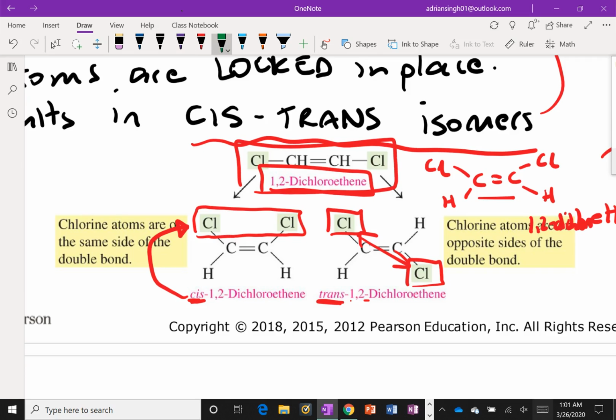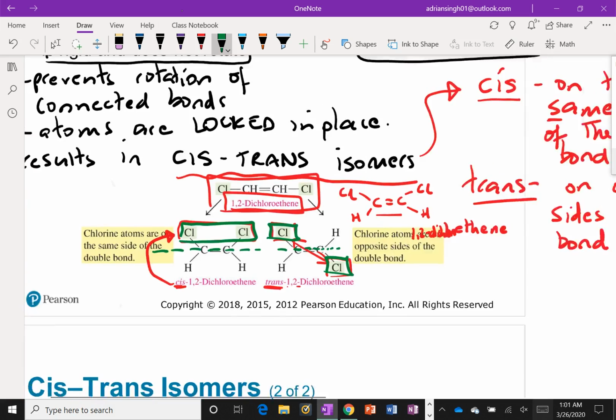When we use the double bond as a reference and say on one side or on opposite sides of the double bond, we're looking at the bond between them as our point of delineation. The one on the left, both chlorines are on the top side, so they're on the same side, so it's cis. And here one chlorine is above, the other one is below, so we call it the trans isomer.